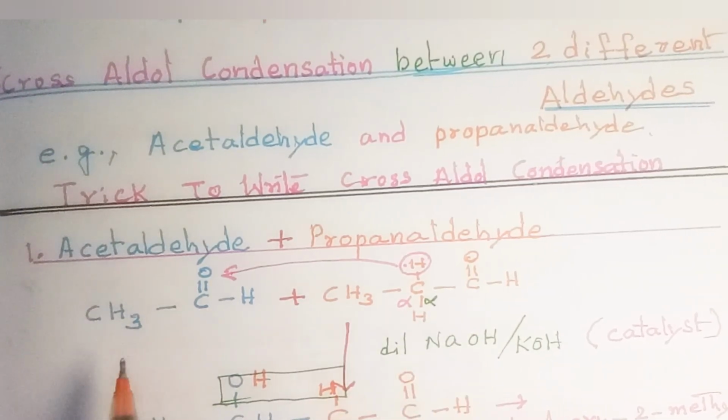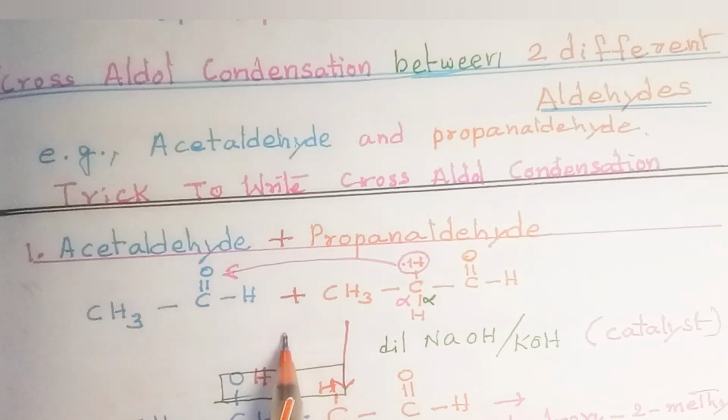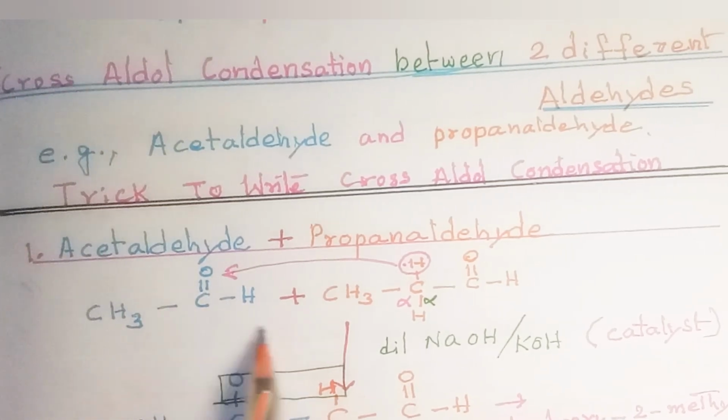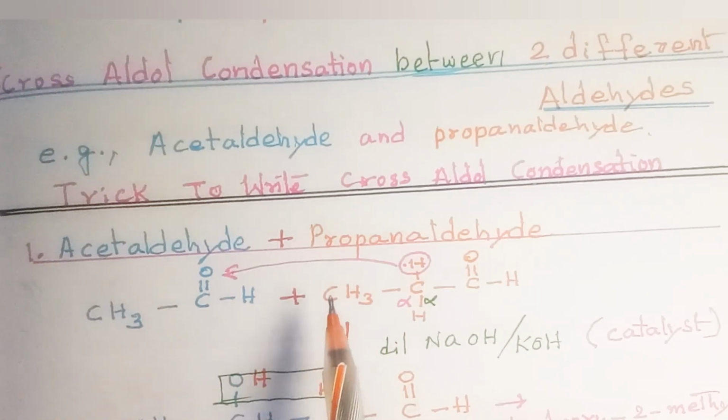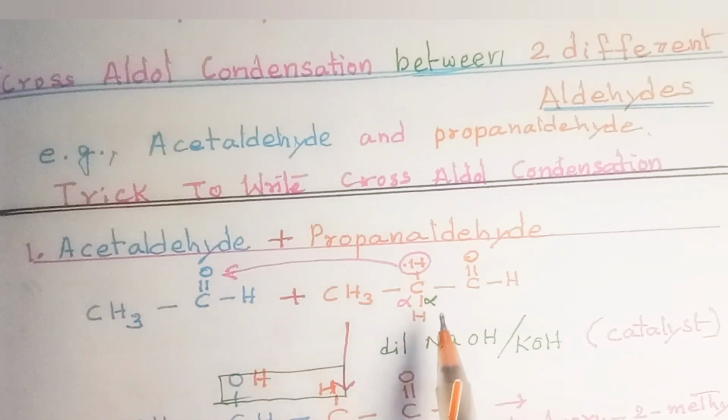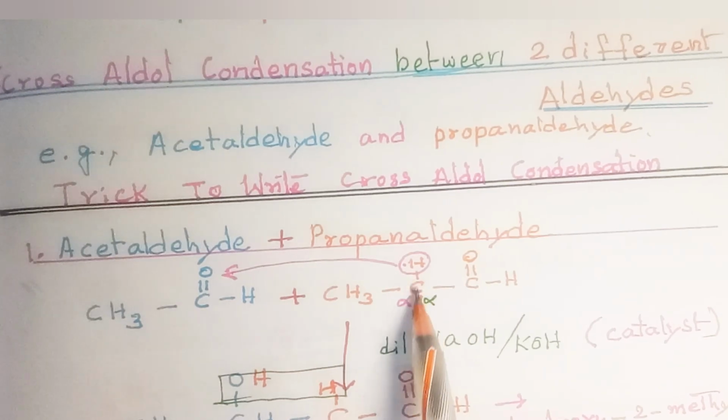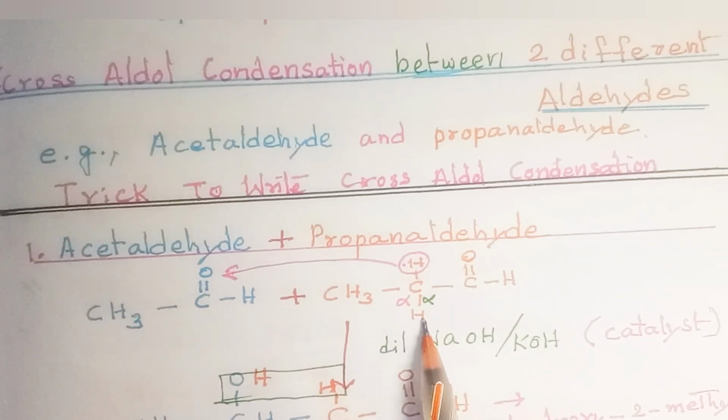Now we write the first reactant as it is, CH3 C double bond OH. For the second reactant, propanaldehyde, we expand the alpha hydrogen atoms and write CHH. This is the alpha carbon. These are the alpha hydrogen atoms.